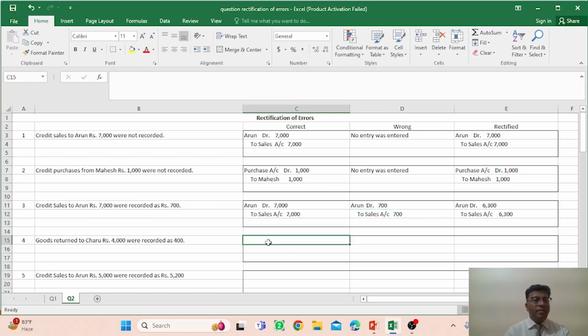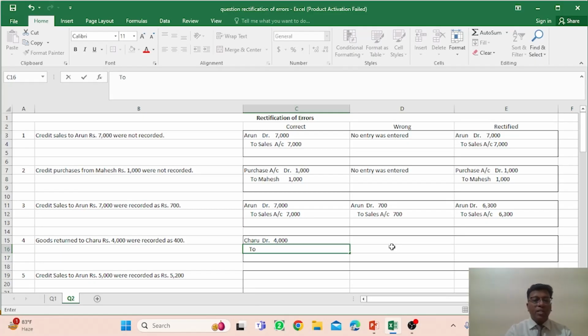When we see the next transaction, goods returned to Charu, rupees 4,000, were recorded as 400. So again, this is a case of an error in the amount of a particular transaction. The very first thing is to consider what the correct entry in the books should be. Goods returned to Charu. Charu is the receiver of the goods. So Charu debit by rupees 4,000 to purchase return.